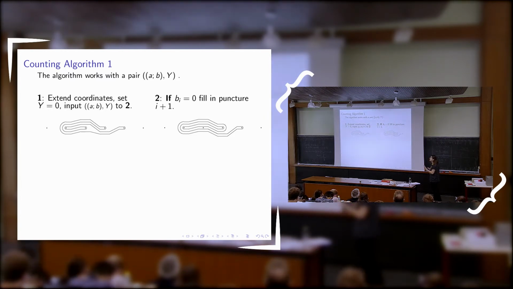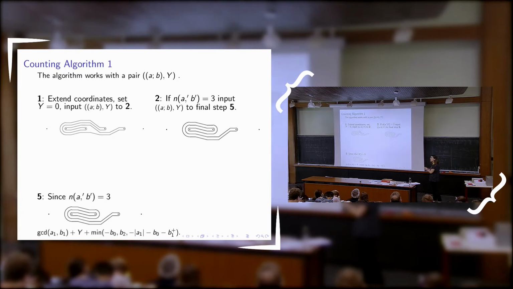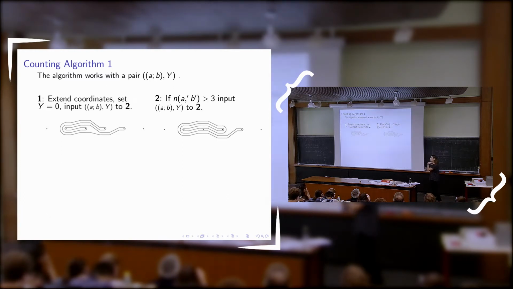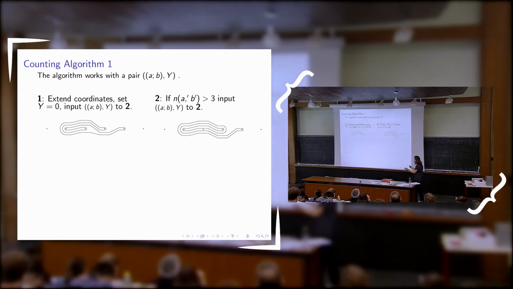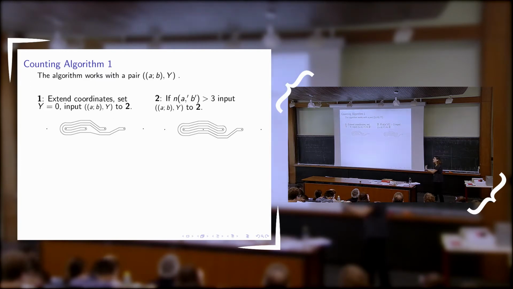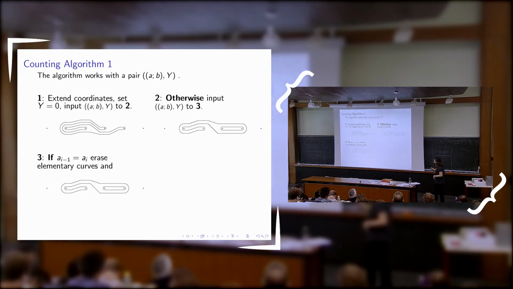If there is, we fill in that puncture. After we fill it in, we might get a curve which is supported on the 3 times punctured disk, and we have a formula here to count the number of connected components of the multicurve. If the new multicurve is lying on a surface where the number of punctures is greater than 3, then we go to step 3.